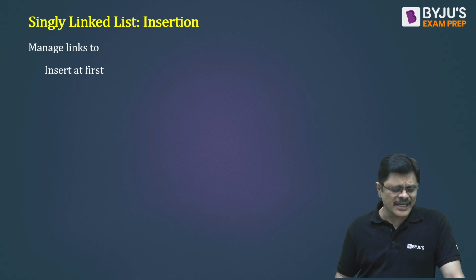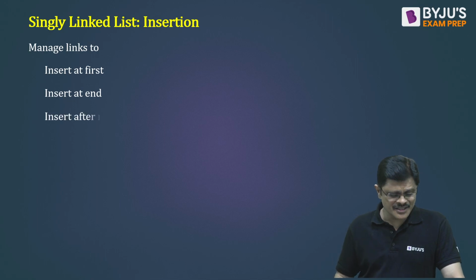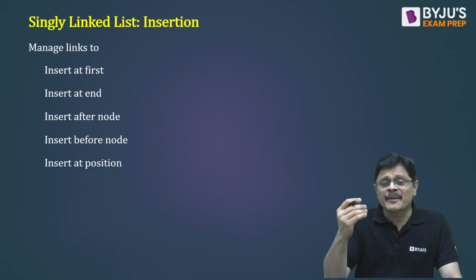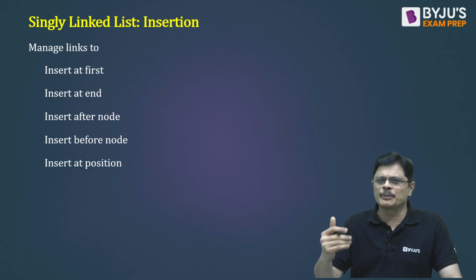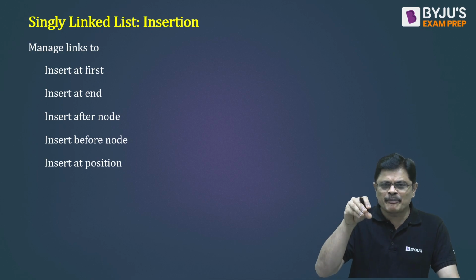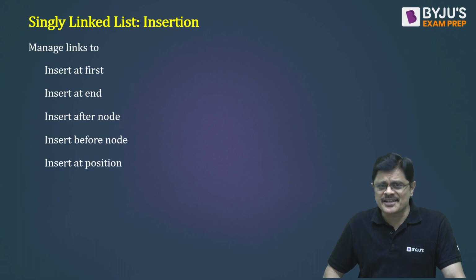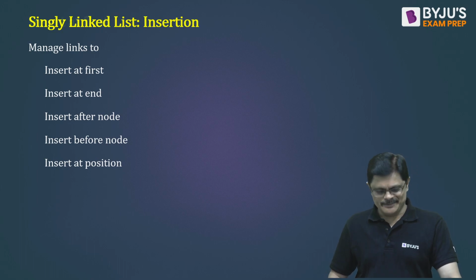The insertion can be done at the beginning or at the end of the linked list, or after a particular node, or before a particular node, or at a particular position, maybe third position, fourth position, or fifth position. At that particular position, this node will be inserted. In this session, I'll tell you how you do this insertion by managing the links.